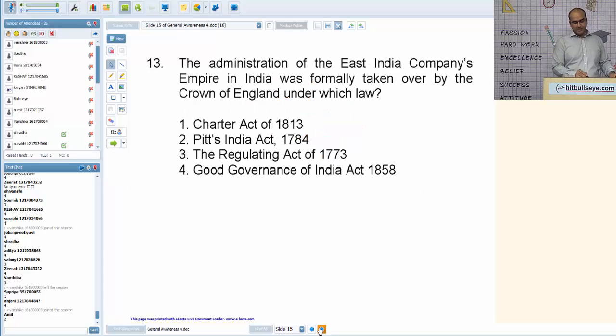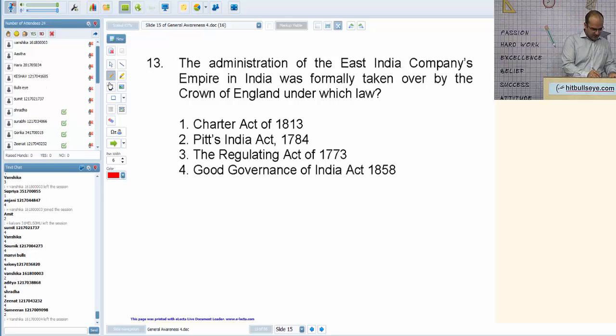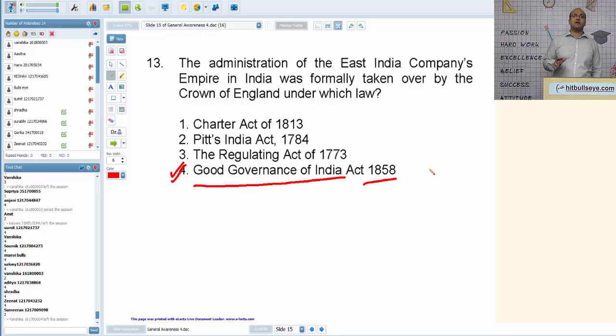Okay, next, the administration of the East India Company's empire in India was formally taken over by the Crown of England under which law? Again, most of you know the answer correctly. The answer is the Government of India Act of 1858. Of course, this act was passed by the British Parliament after the suppression of the revolt of 1857.